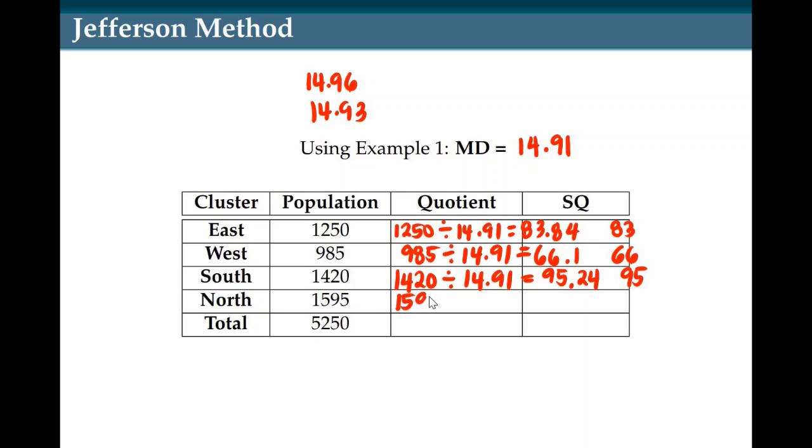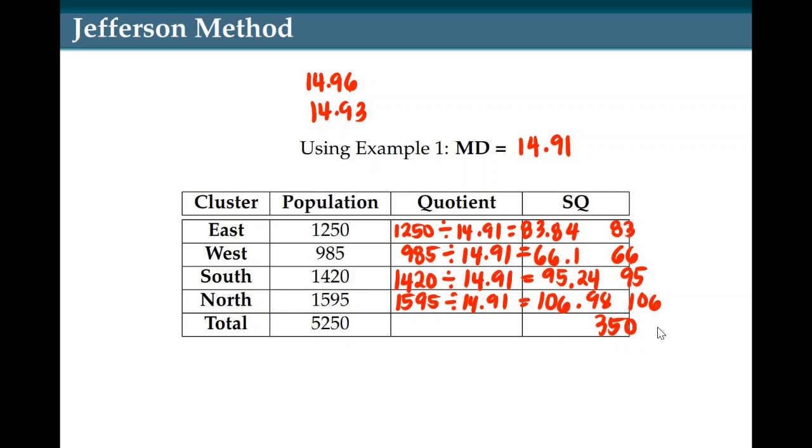Next, we have 1,595 divided by 14.91. This will give us 106.98. And the standard quota is equal to 106. And if we sum this up, 83 plus 66 plus 95 plus 106, this will give us 350.